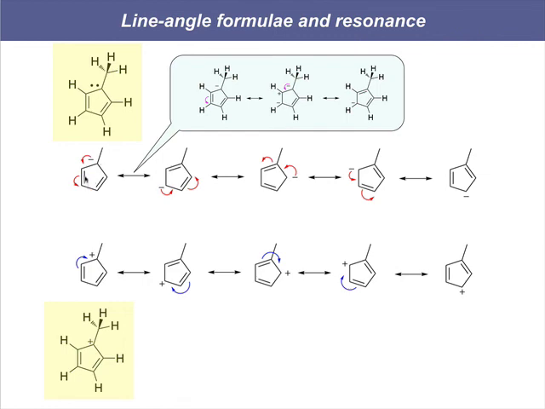Remember that in line angle formula, there are as many hydrogens on a carbon as there need to be in order to fill that carbon's valence. For example, looking at this carbon right here, there are 3 bonds drawn to it. The double bond is 2 and the single bond is 1. That's 3 bonds and the carbon is neutral.